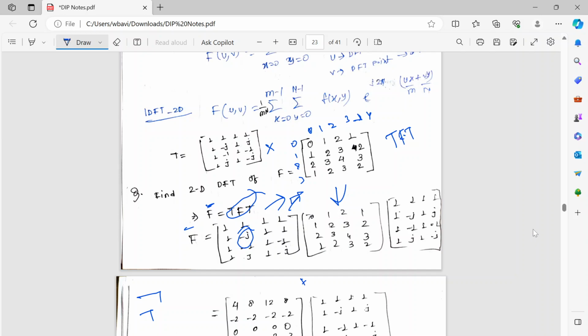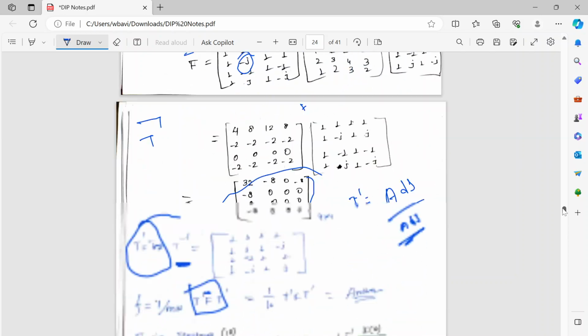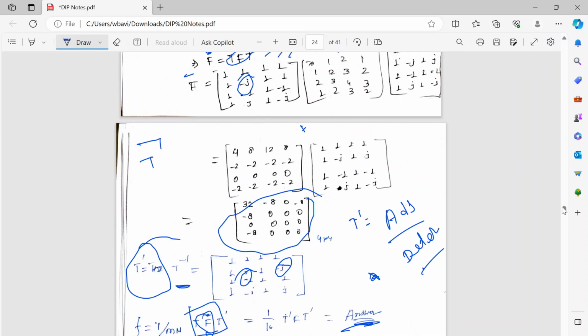You know the formula of the determinant: suppose this is A B, D C. To get the determinant, multiply this row, BD minus AC. This thing should be 1. And for the adjoint, just change the complex conjugate term. That means j should be changed to minus j and minus j should be changed to j. So that's all.